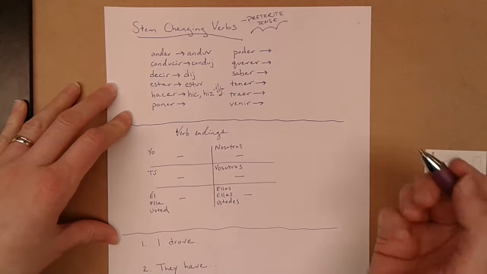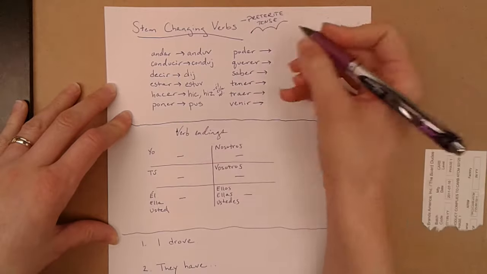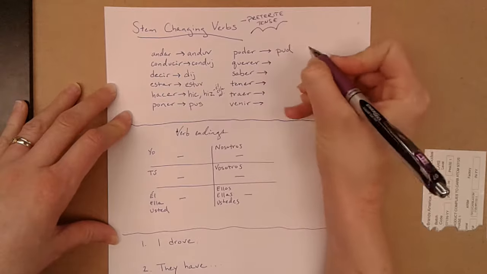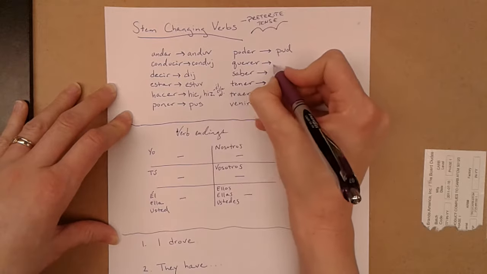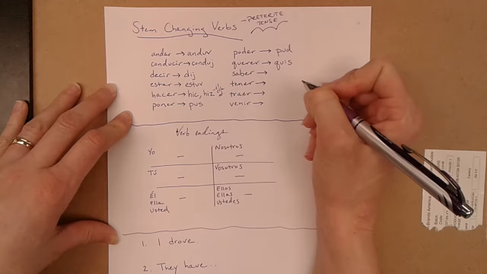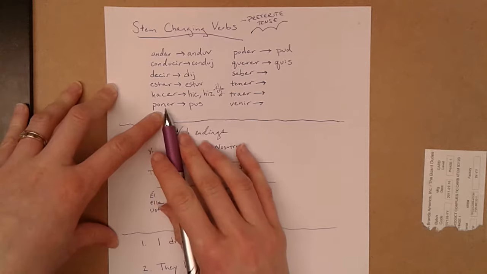Poner, the stem becomes pus. Poder becomes pud. Querer, quis. Excuse me, I don't think I said what these ones mean in English.